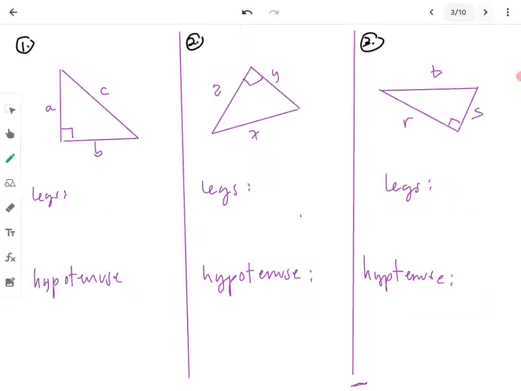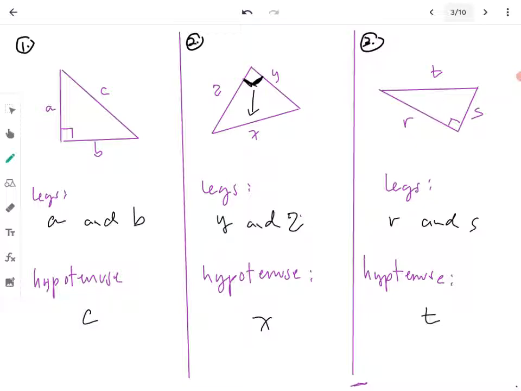Going back here, in figure number 1, the legs are side A and side B, while the hypotenuse is C. In number 2, the right angle is here, so the sides that make up the right angle are the legs. Therefore, Y and Z are the legs. And since the opposite of the right angle is X, the hypotenuse is X. In figure 3, the legs are R and S, and the hypotenuse is T.